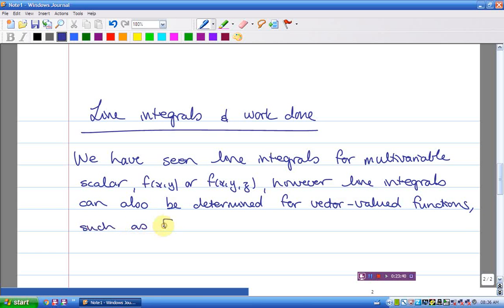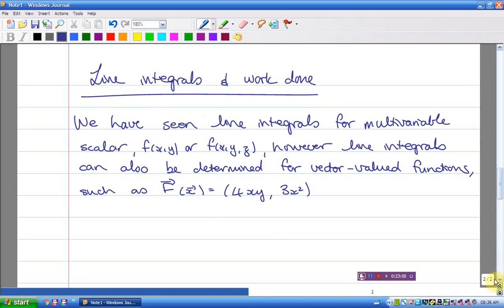Such as... okay, so here what you're putting in is a vector. You're putting in x, y vectors, but what you're getting out is also a vector. So F would be measuring something like velocity of flow, or a gravitational field, or a magnetic field, or some sort of field.